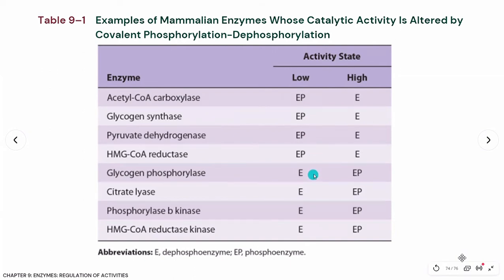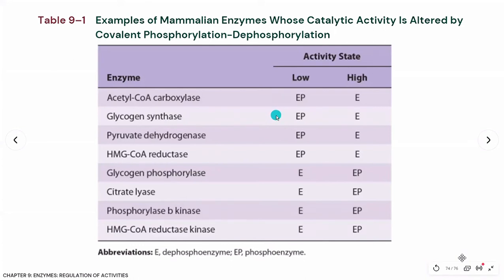Now, if this is not controlled this way: the glucose coming from digestion goes to the liver, goes into the blood, and if there is a high supply, the glucose is transformed by glycogen synthase into glycogen, stored in the liver.